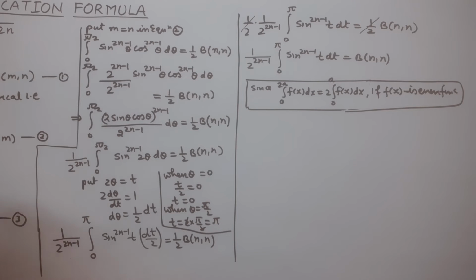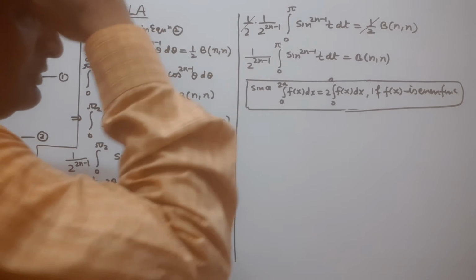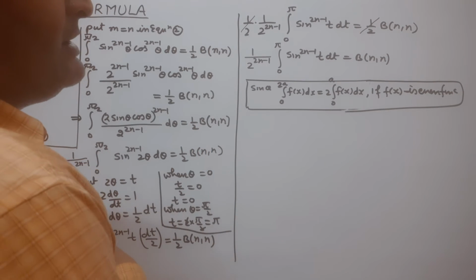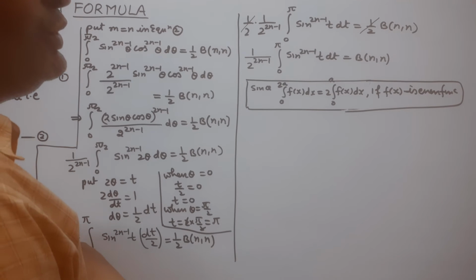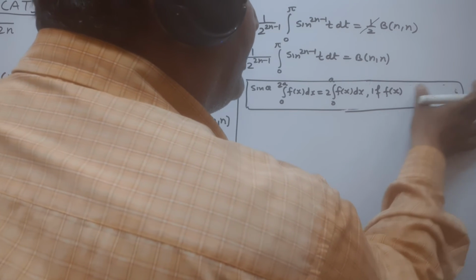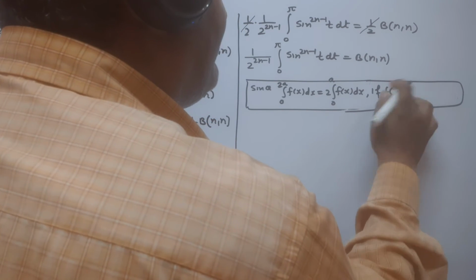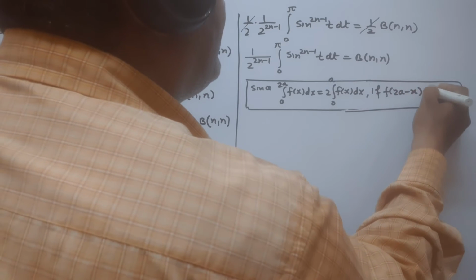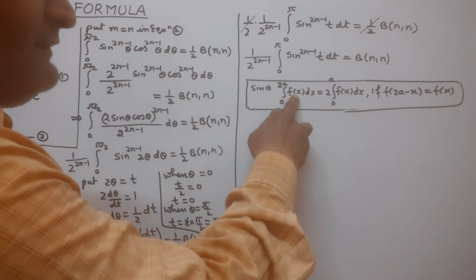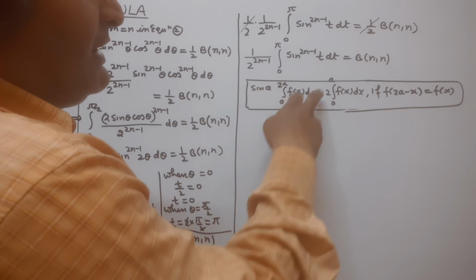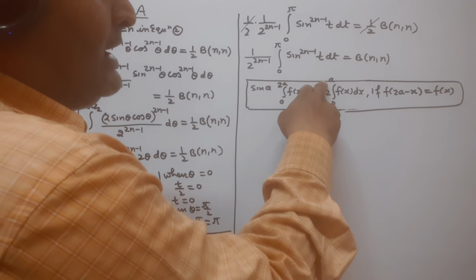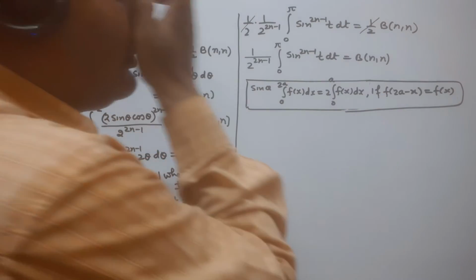So here we use this property: the integral of f(x) between the limits 0 to 2a is equal to 2 times the integral of f(x) between the limits 0 to a if f(2a minus x) is equal to f(x).